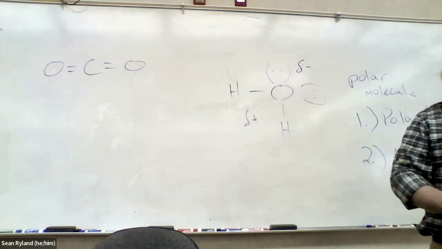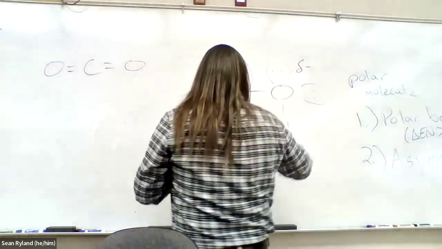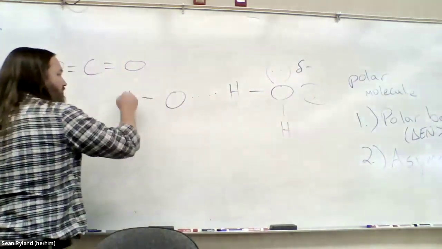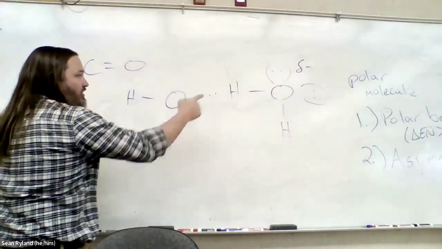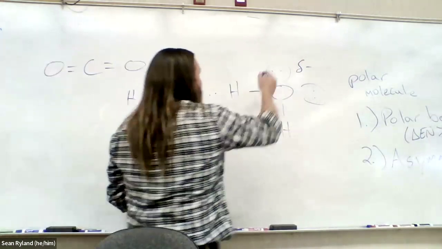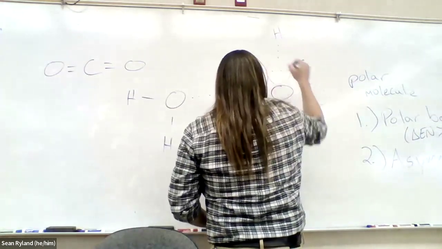Because positives are attracted to negatives. So you actually wind up with a case where you get these weaker bonds where every hydrogen lines up with an oxygen and every oxygen lines up with more hydrogens.